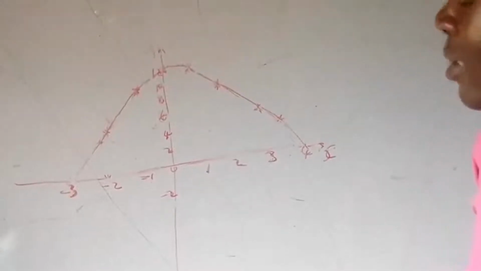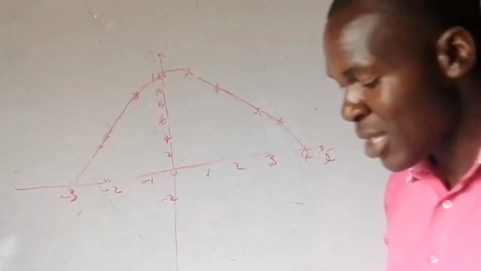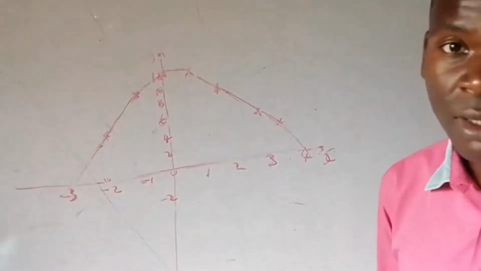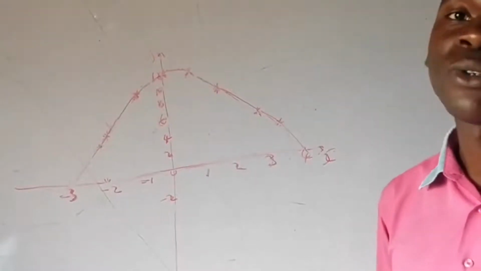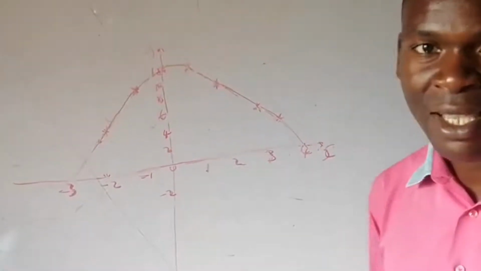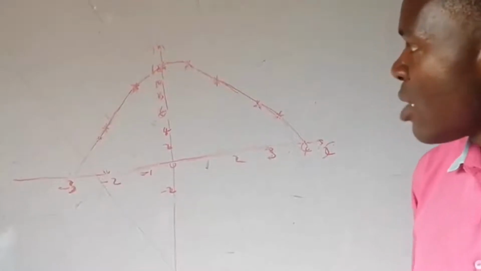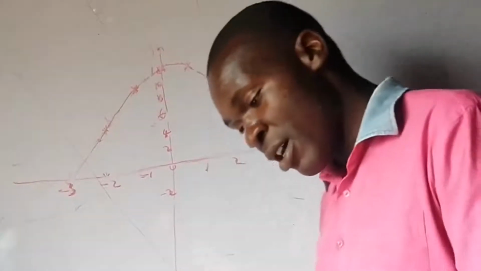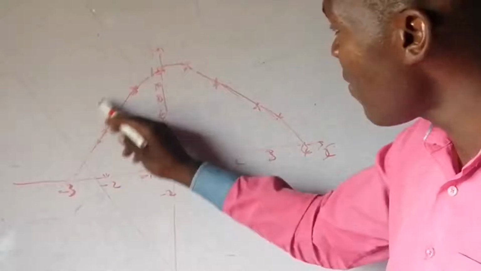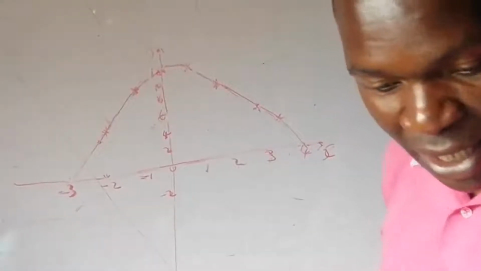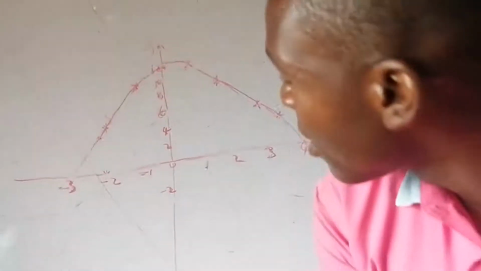So take these lines as boundaries. We are told of the curve and the x-axis.